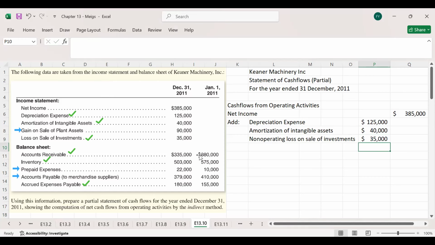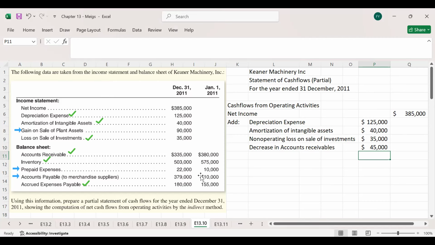There's a change in accounts receivable, a decrease. So how much decrease? We have opening balance 380,000, and then $335,000. So total 45,000 decrease in accounts receivable.